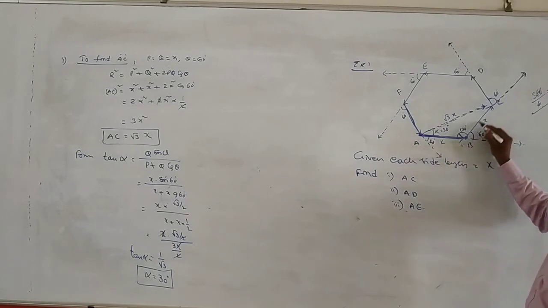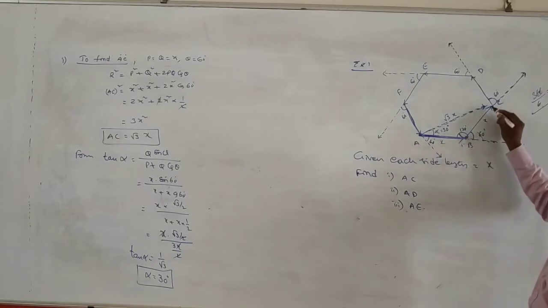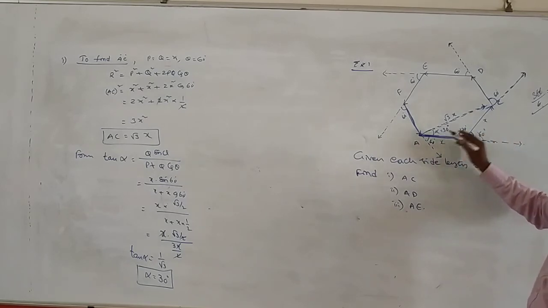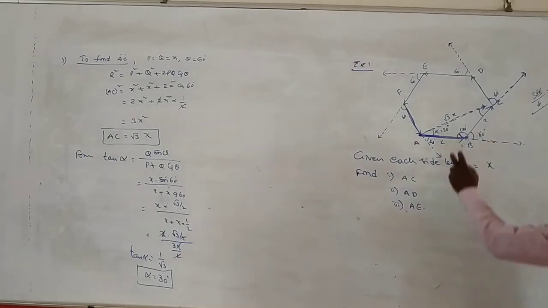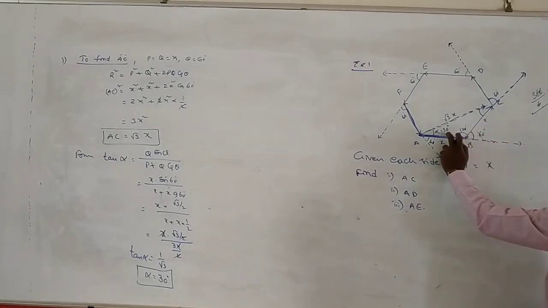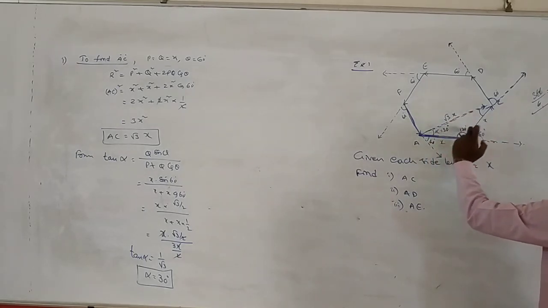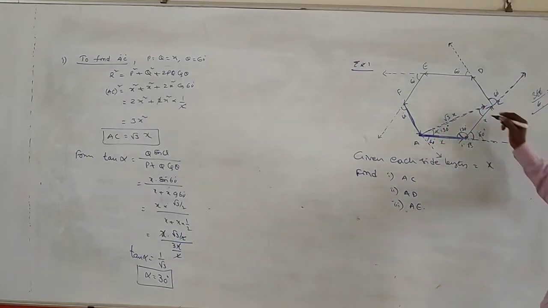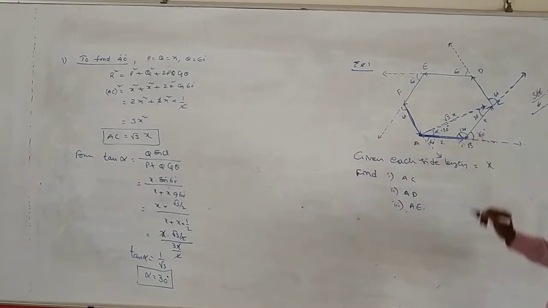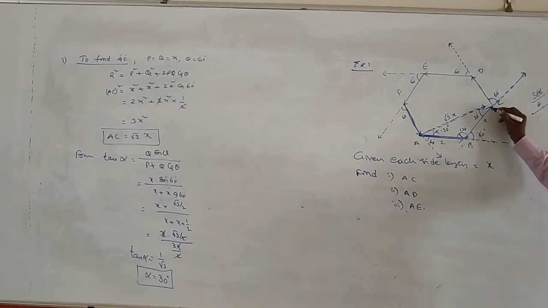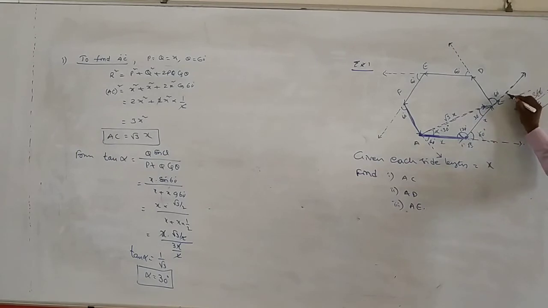In this triangle, here this is the angle 120, this is 30, and 30 plus 120 means 150. The total sum of the three angles in a triangle is equal to 180. 180 minus 150 is equal to 30. The direction is also equivalent to 30 degrees.